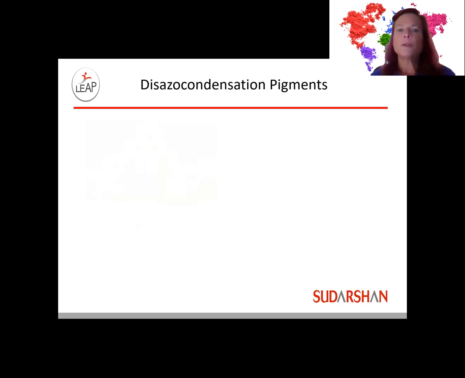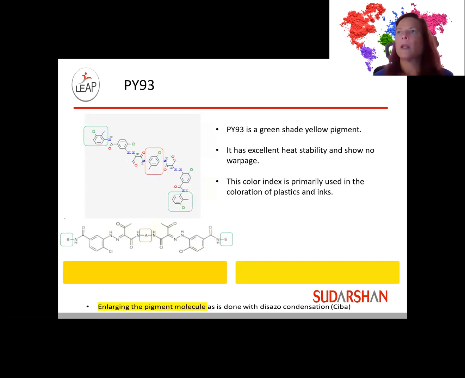And then moving on to the disazo condensation pigments, we'll start with the pigment yellow 93. It is on the green shade side with excellent heat stability and good warpage with respect to plastics. It is primarily used in the plastics and inks application areas.